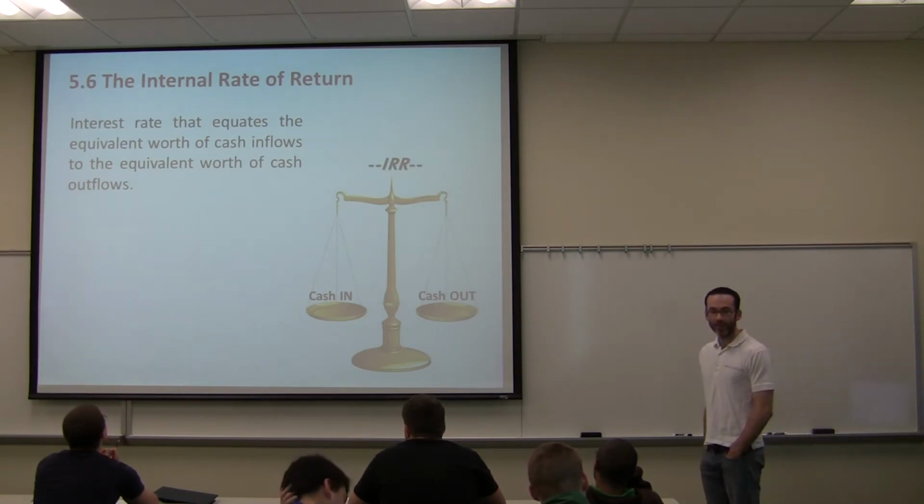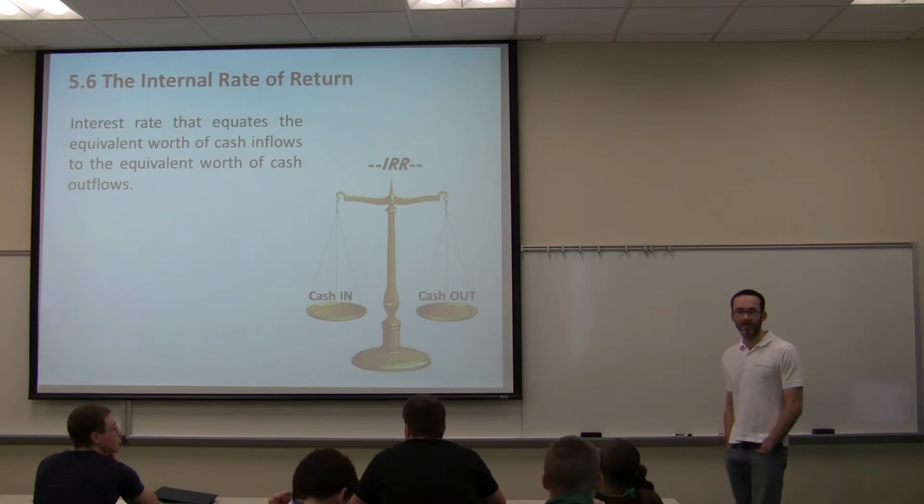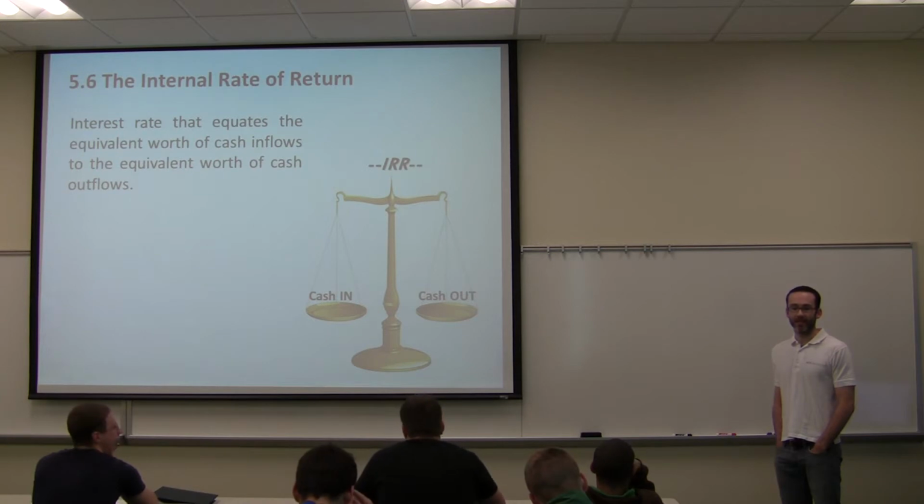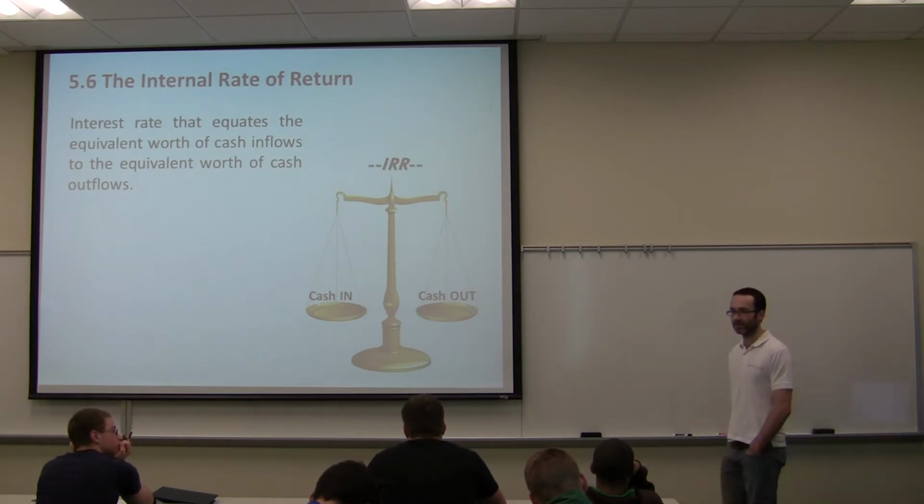So what we've been doing so far is discounting or compounding cash flows at some given interest rate, the minimum attractive rate of return. That is sort of the threshold by which a company decides whether or not it wants to do a project.